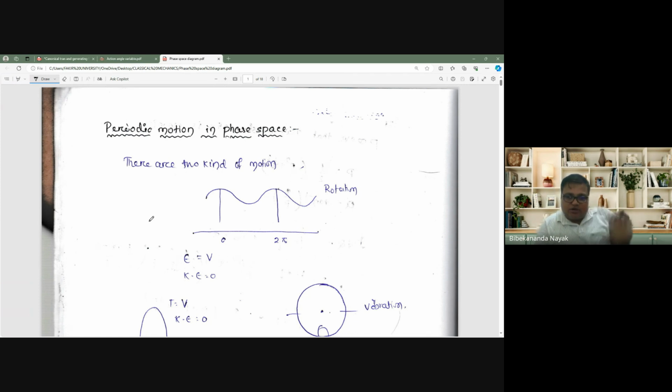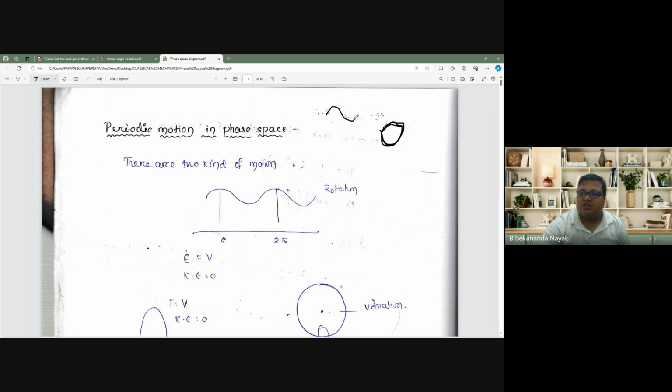There are two particular kinds of motion, or some periodic motions. When we discuss periodic motion in phase space, periodic motion means there are some motions where it exactly follows its path. This is one kind of periodic motion, it exactly traces the path.